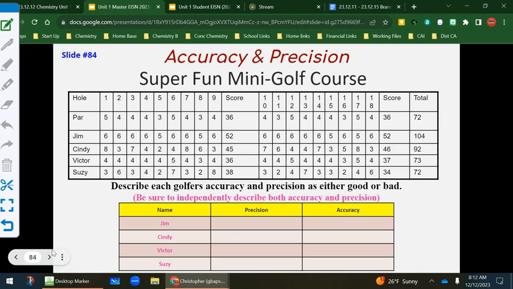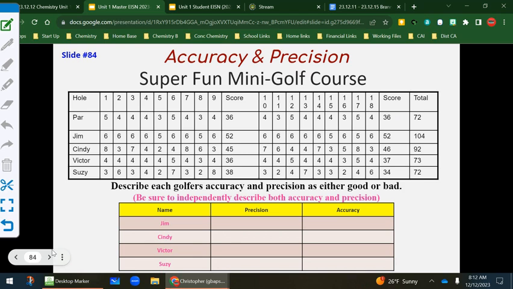Correct. If the numbers are fairly close together, what are we describing then, ladies and gentlemen? Precision. And what would we say about Jim's precision? It's good. Again, we'll just use good and bad. I would say it's good because all his numbers are close together. They're not all the same, but they're all very close together, right?